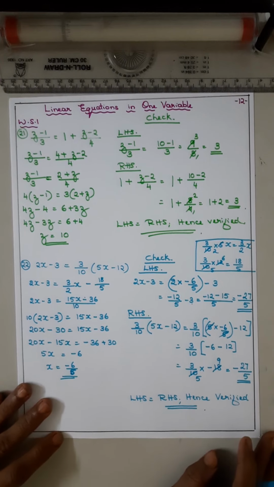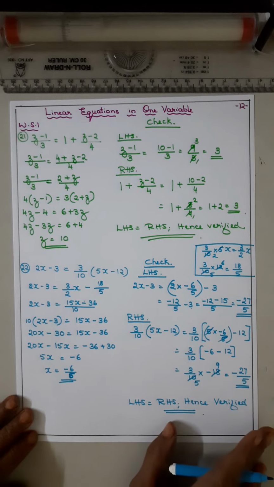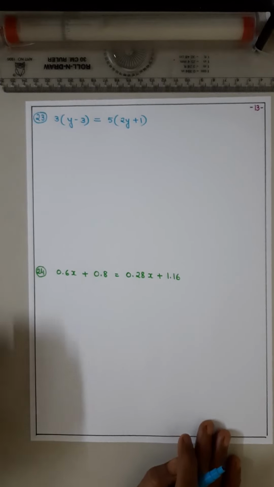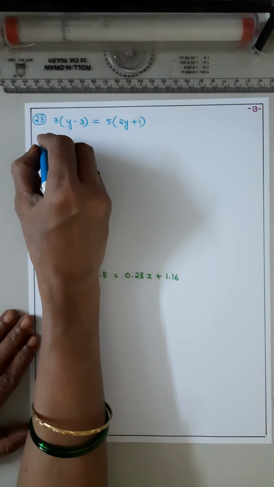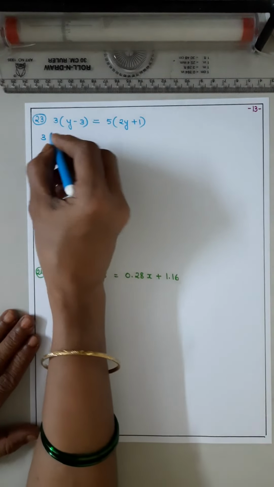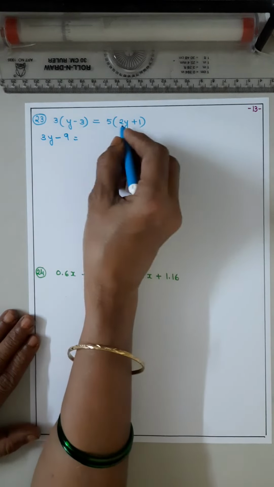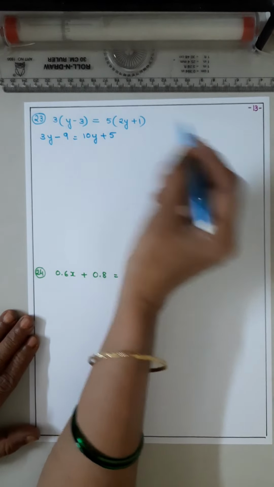Hope you understood 21 and 22 sums, isn't it? Okay, now coming to the 23 sum. 3 bracket open y minus 3 is equal to 5 bracket open 2y plus 1. So, open the bracket, 3 into y, 3y, minus 3 3s are 9. Now 5 2s are 10, y plus 5 1s are 5.